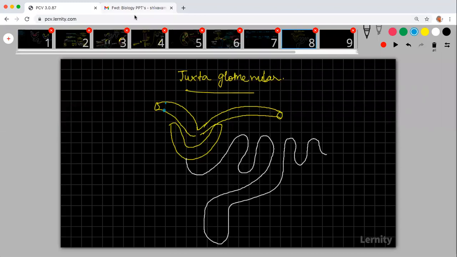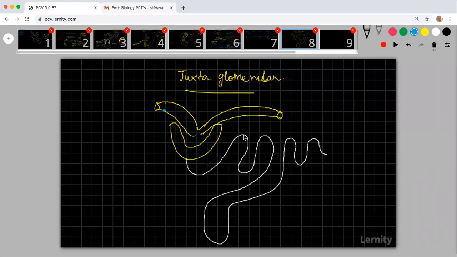I'll start talking about juxtaglomerular cells. Juxtaglomerular cells are the next part that we are going to study. What are these juxtaglomerular cells that we'll try to understand? If you are going to see this case, I am drawing this structure.